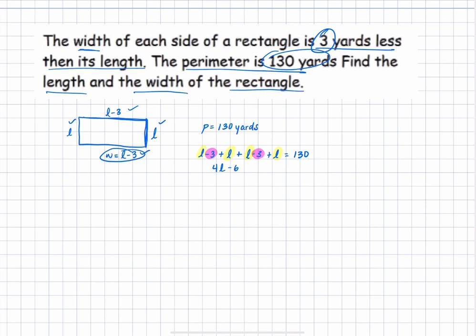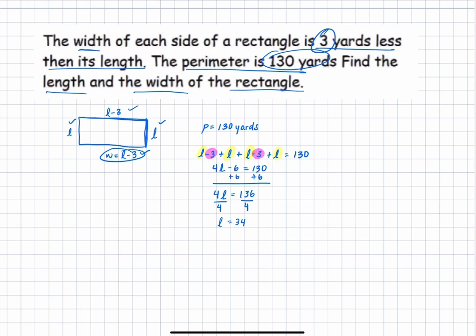So 4L minus 6 equals 130. Add 6 on both sides. This would give us 4L equals 136. Our next step would be to divide by 4 on both sides. So we isolate the letter L and we get 34 for the length.